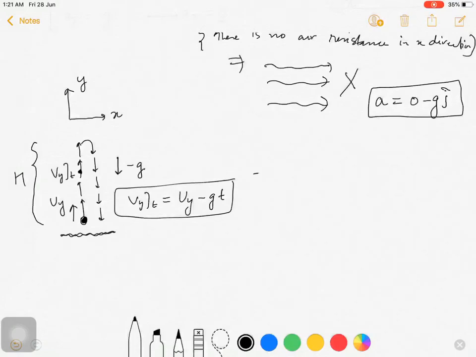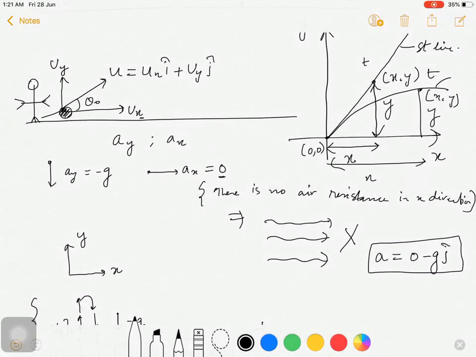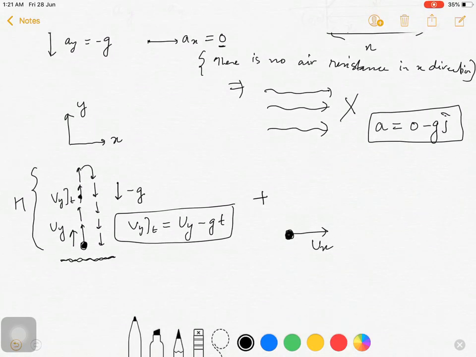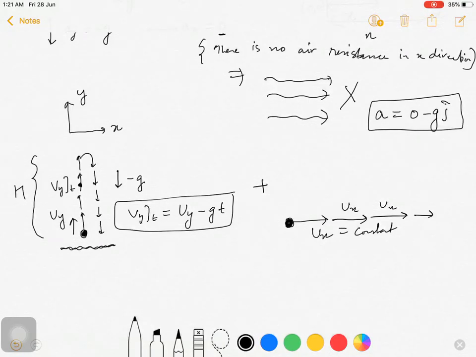So this is motion in y direction. Now what about motion in x direction? Motion in x direction is like this. This is the football, and it has initial velocity ux. This ux is constant, so here ux, here also ux, here also ux.